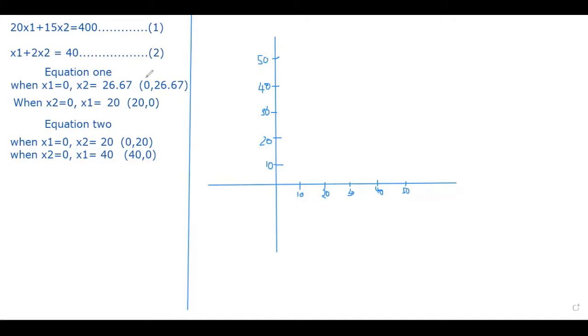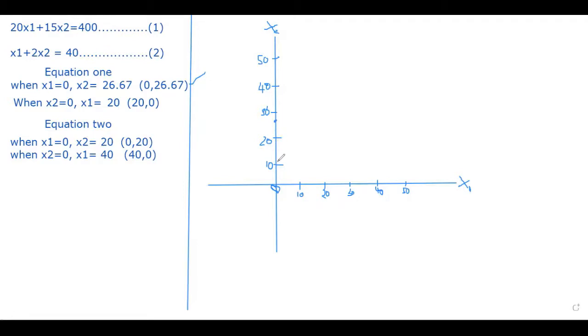All right, so the first one, we are plotting equation 1 first. So the first one, we are having 0 and 26.67. Where do you think the point will be? When x1 is 0, this axis is for x2, this axis is for x1. So when x1 is 0, x2 is 26.67, so it will be somewhere here.